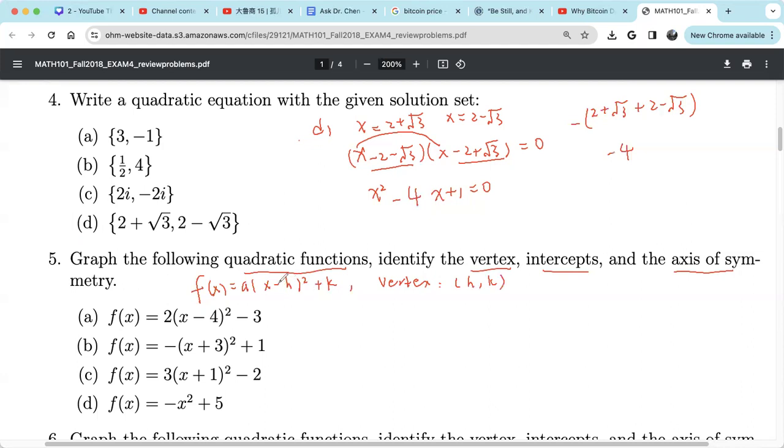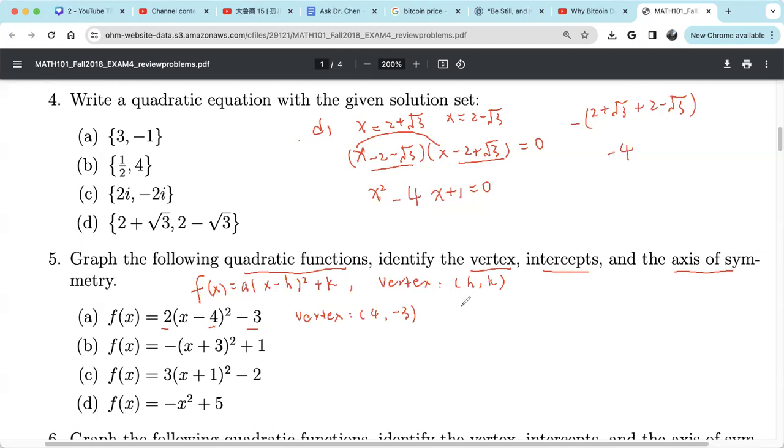But be careful, it is x minus h, and here it is plus k. In this case, a is 2, h is 4, k is negative 3. So the vertex is 4 comma negative 3, because in the formula it is plus k, so plus negative 3.